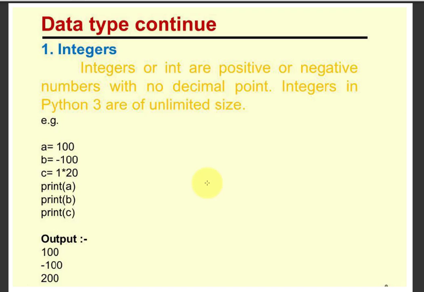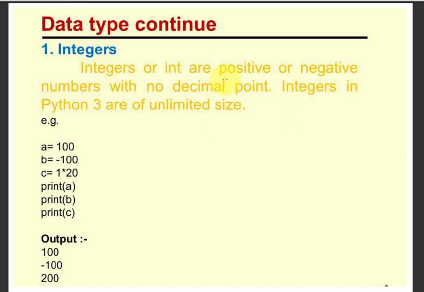So let's see the integer type. Integer, or int, this is the short form. Integers are positive or negative numbers with no decimal point. Integers in Python are of unlimited size, meaning they can be any size.